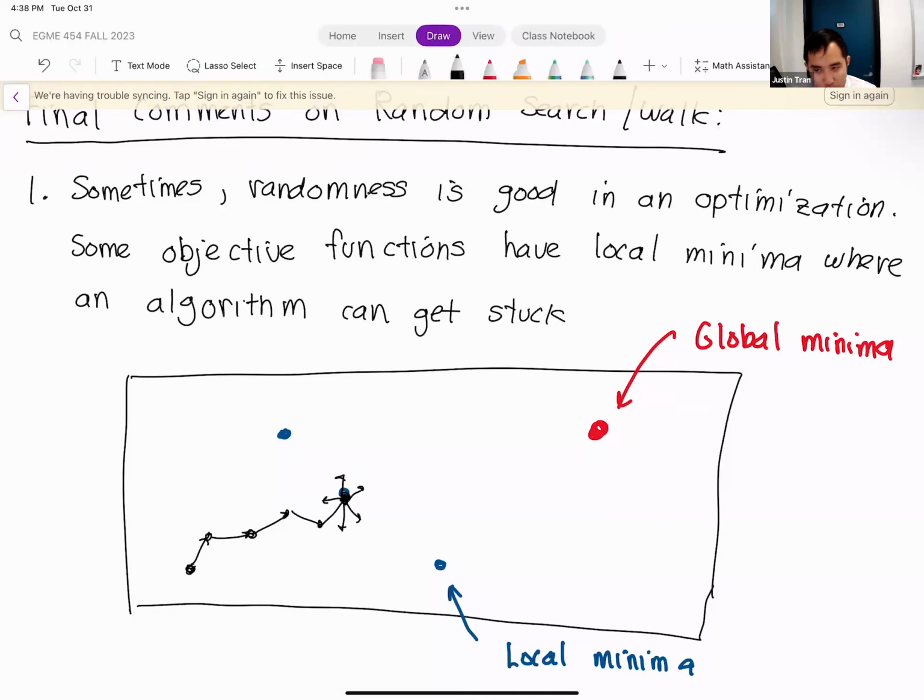It's actually very surprising. If you look at very high level optimization codes, you may see parts of the code where the code will intentionally make a bad step. Let's say that we check a point here, and this point actually has a worse objective function value than our previous point.